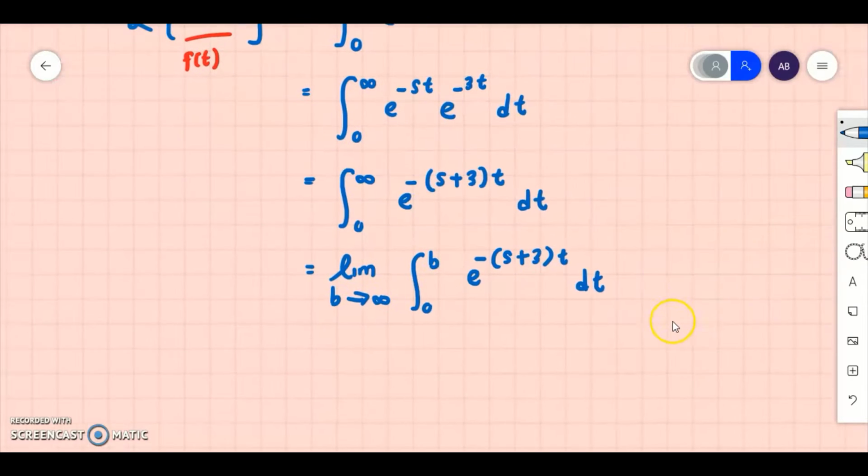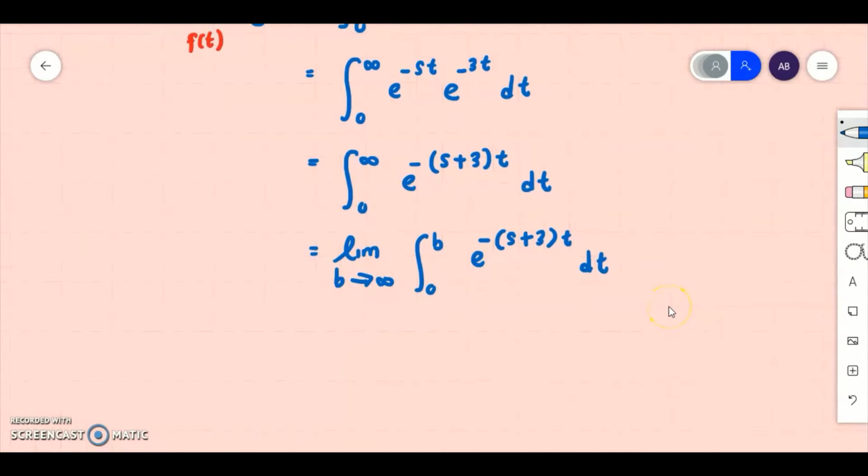Okay, so integrating this, we have exponent negative (s plus 3)t. Integrating exponent gives you back exponent, and then you look inside here. The differentiation of this, I'm saying differentiation of t is negative (s plus 3), right?